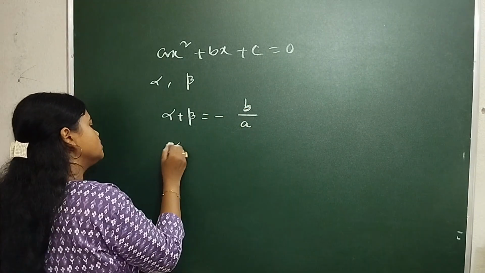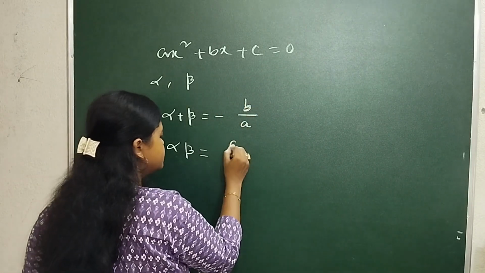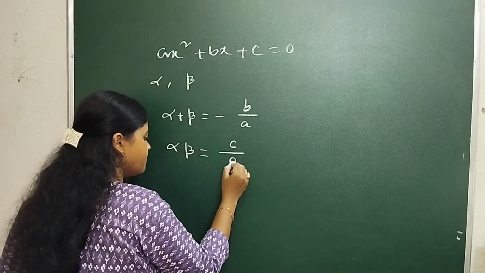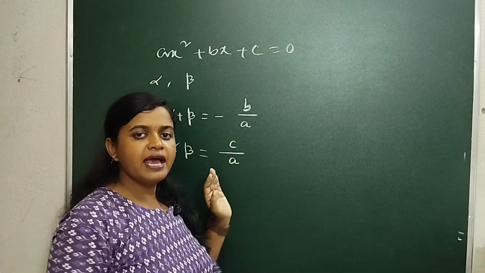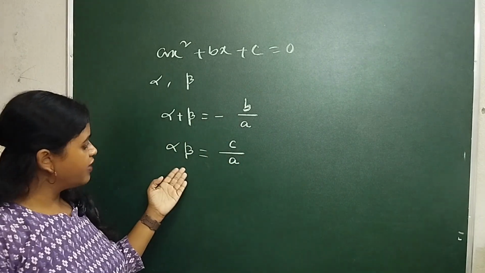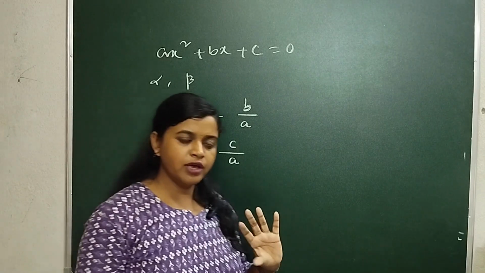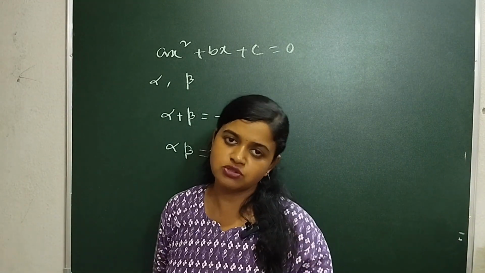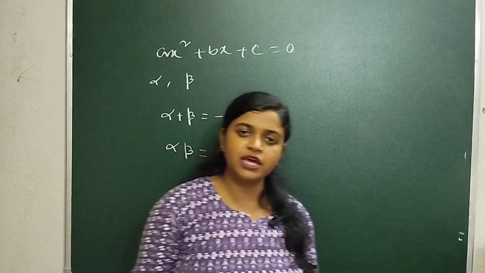And product of the zeros, alpha into beta, equals the constant term, that means c, by the coefficient of x square, that means a. So alpha plus beta equals minus b by a, and alpha into beta equals c by a. This is the summarized form of the relationship between zeros of a polynomial and coefficients in case of a quadratic equation.